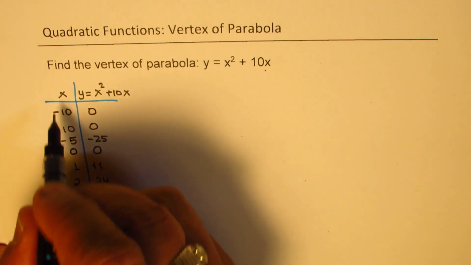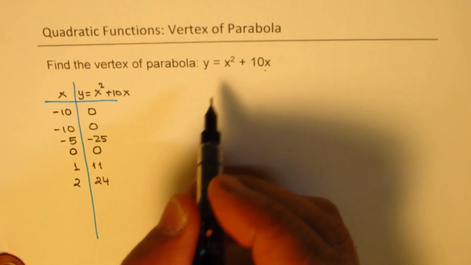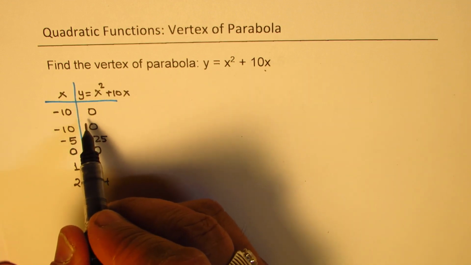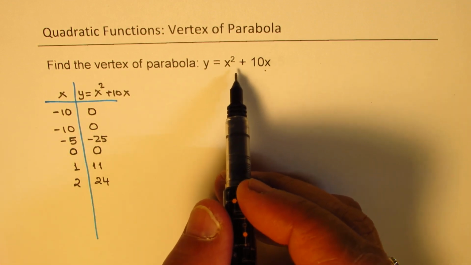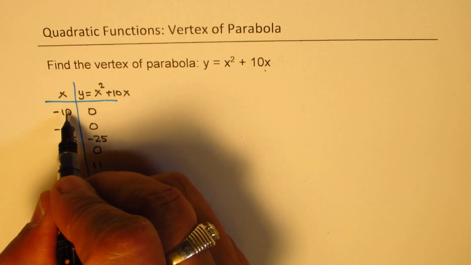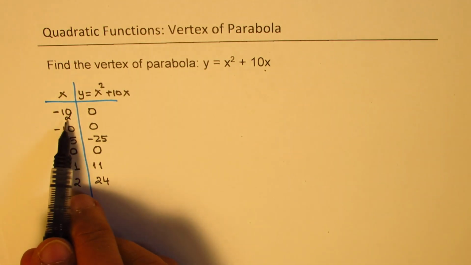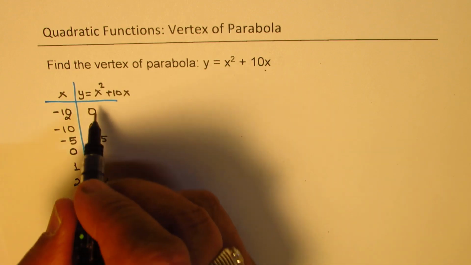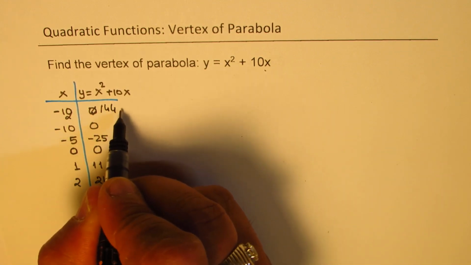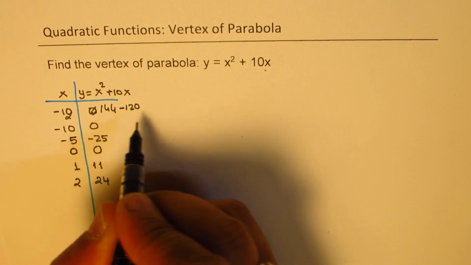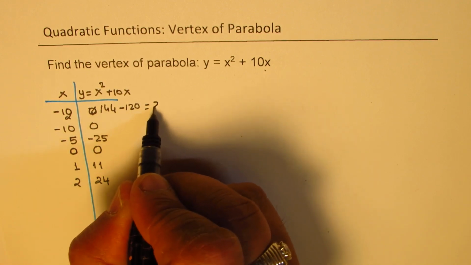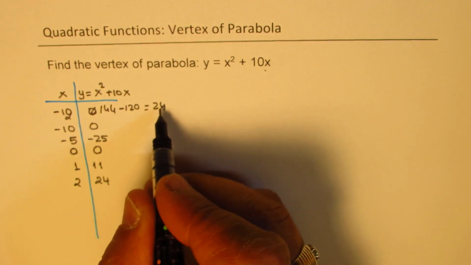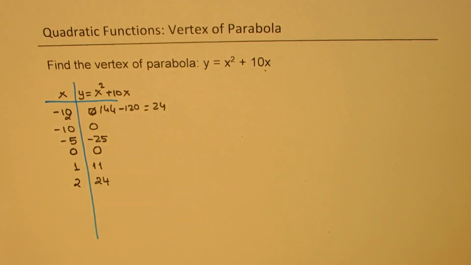I don't want to do a very high value here, so let us say minus 12. If I substitute minus 12 here, we get 144 minus 120, which is 24, right? So we get a symmetrical point at minus 12.